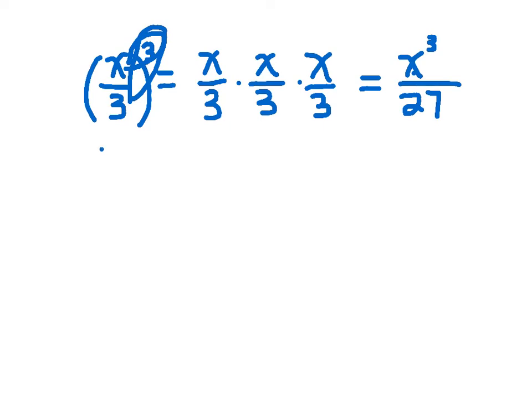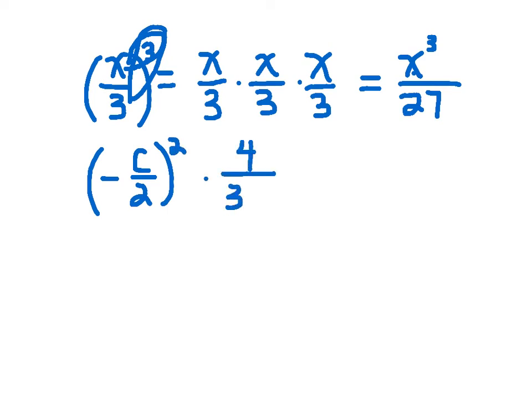If I extend that, I can also do problems like the opposite of c over 2 squared times 4 over 3c. A negative number raised to an even power is positive, so we know that this is going to give us a positive number.